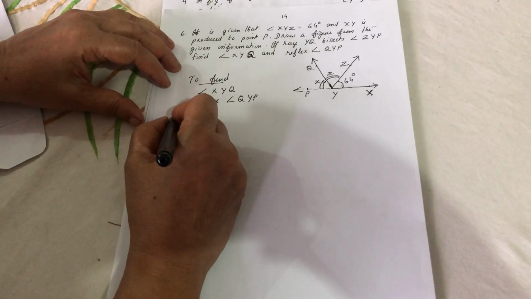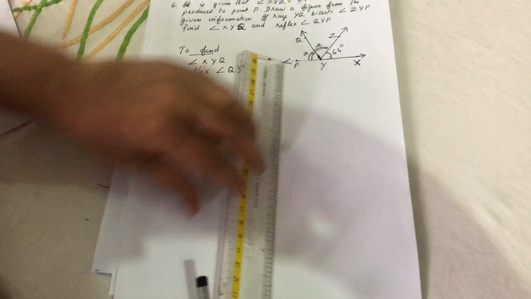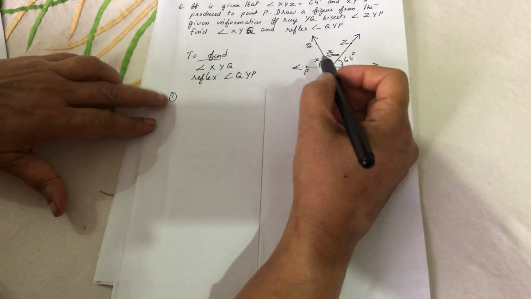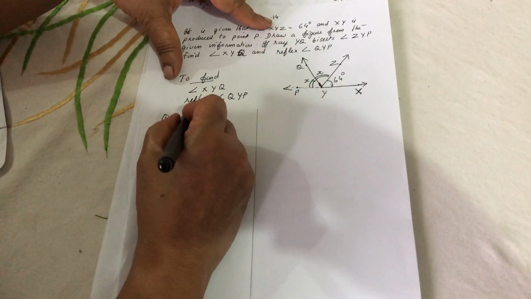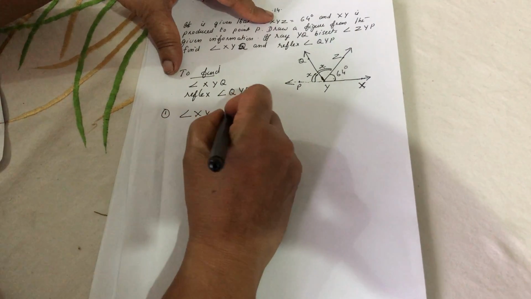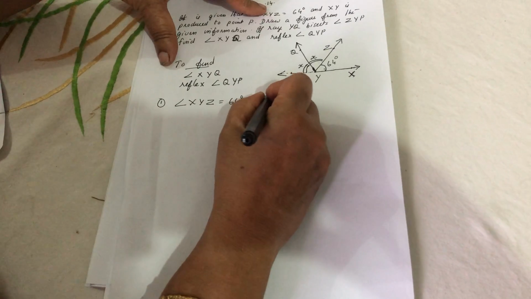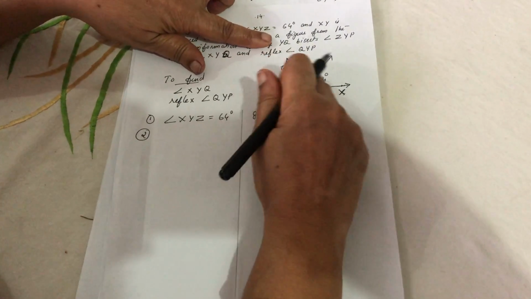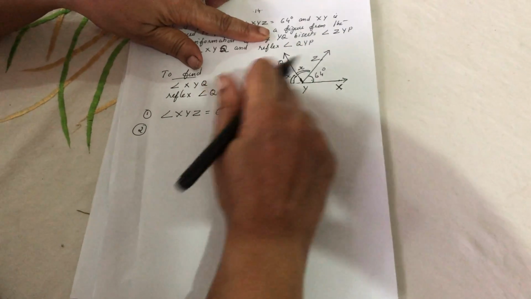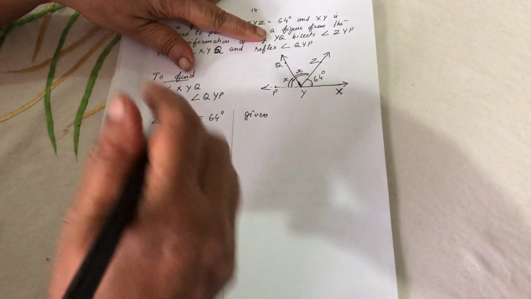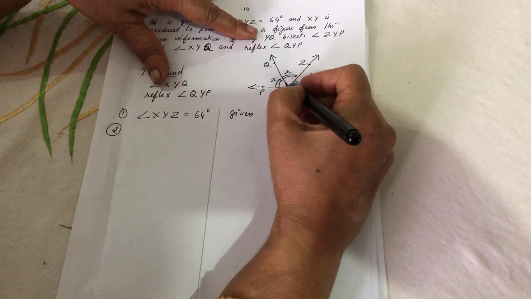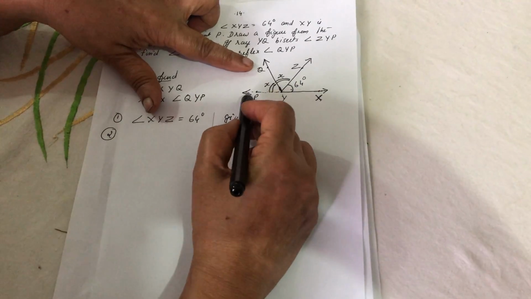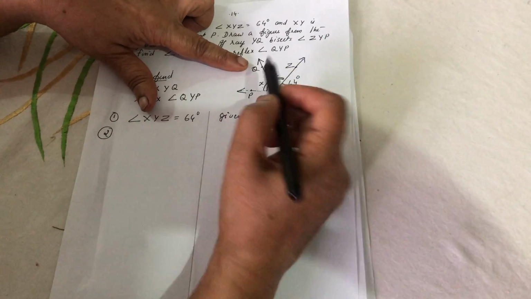So first point, I am taking, see here, angle XYZ is 64 degrees, it is given. Second point, this ray YQ bisects this angle ZYP. So therefore angle ZYQ and PYQ are equal. Why are they equal?